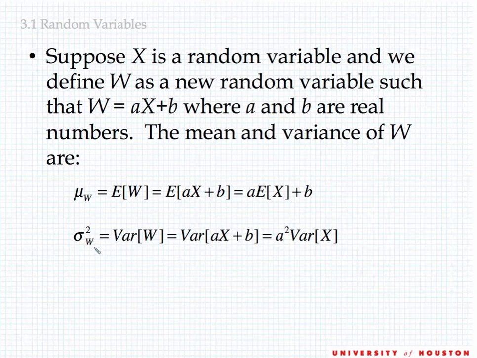The variance, however, ignores the plus b. Remember, variance measures spread. And if we just add a value to everything, we are only shifting everything over by that much, which will not change how our values are spread out. So only the coefficient of our variable will matter. And since the variance is created with squared terms, then the new variance is a squared times the original variance.